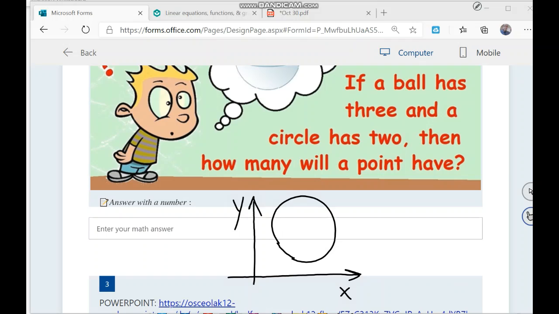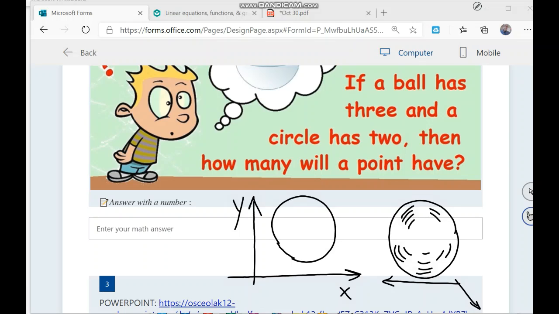But what about the ball, the sphere? The ball is a sphere. If you have a ball, let's say this is a ball, this is not flat. You cannot use just the X and Y axis. You need more.